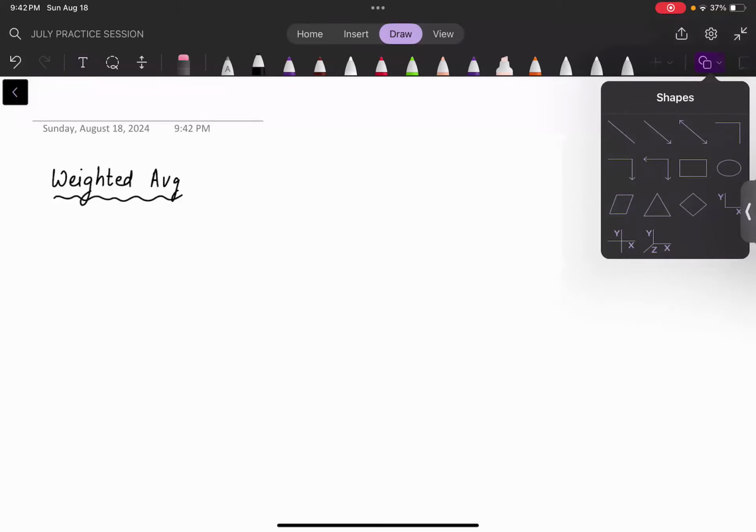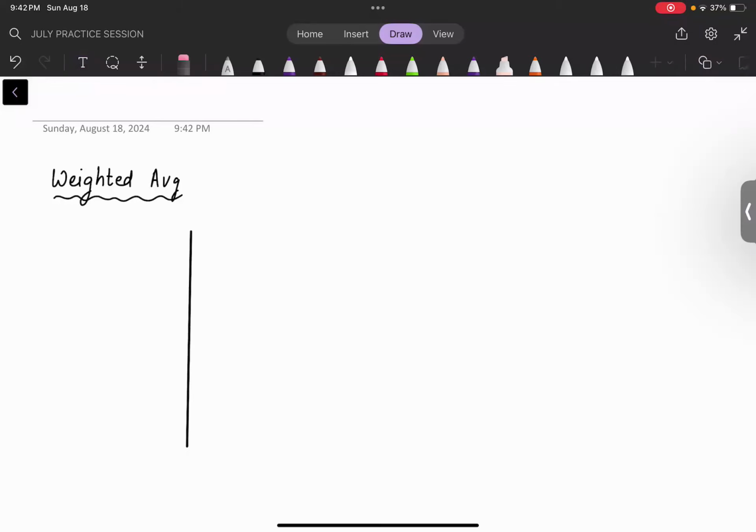In this concept, there will be different groups. I'm taking 3 groups. So let's say this is group number 1. Let's say this is group number 2. And this is group number 3.